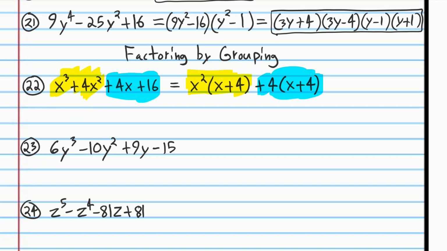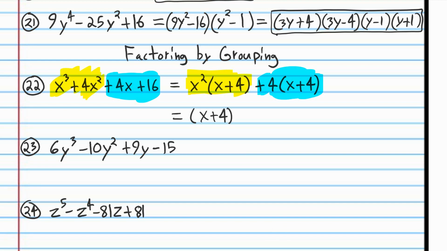But now there's something really, really important to understand about this expression. We have a common factor. We have x plus 4 here, and we have x plus 4 here. Do you see that? There's 2 x plus 4. So what we can do is we can factor out that x plus 4.